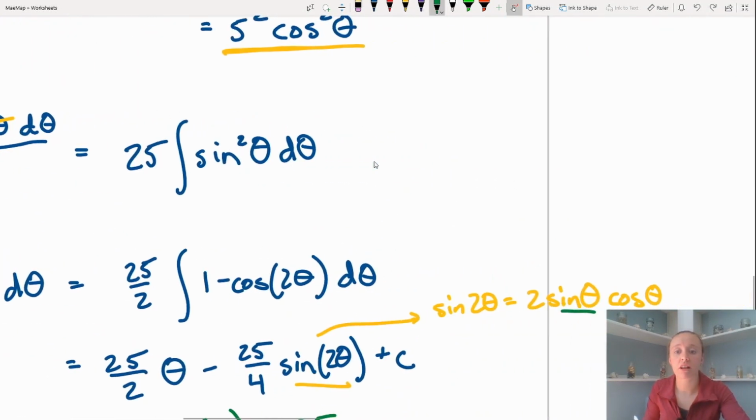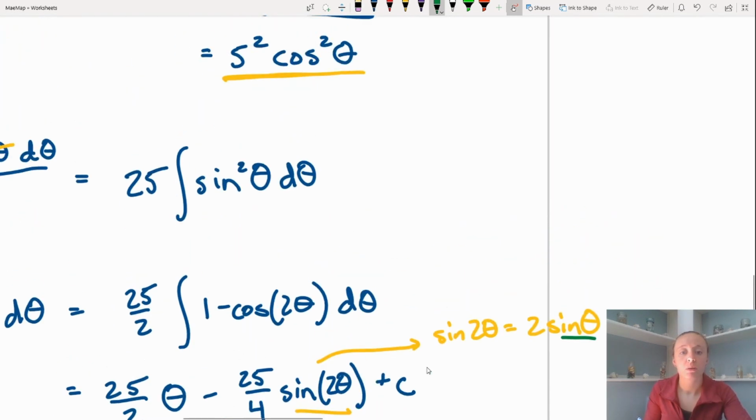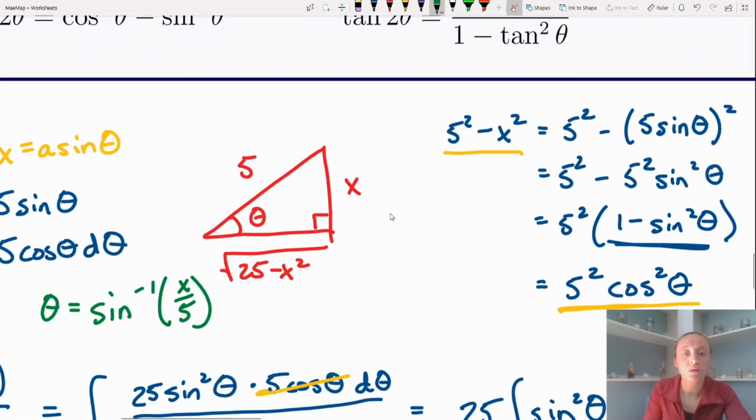So for sine of theta, I'm plugging in x over 5. And then what's cosine of theta? Well, going back to our triangle, cosine is going to be adjacent over hypotenuse. So I have the square root of 25 minus x squared all over 5.